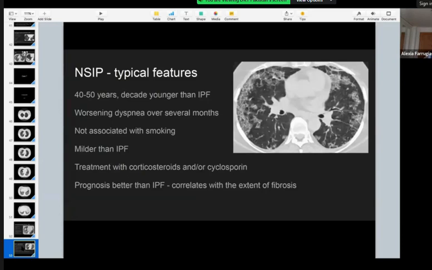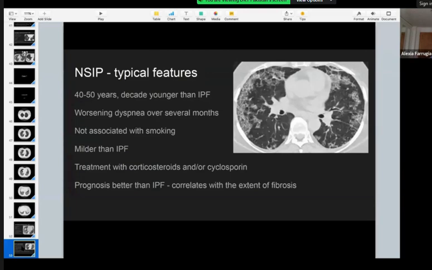So the typical features are a patient 40 to 50 years old, so a decade younger than IPF. Typically, they present with worsening shortness of breath over several months. It's not associated with smoking. On the spectrum, it tends to be milder than an IPF, UIP type picture. The treatment is with corticosteroids and/or cyclosporin, and their prognosis is better.